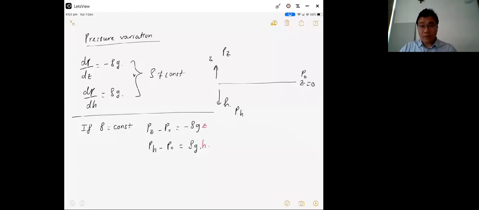So what we did last week, pressure variation. Pressure variation means when you go up, pressure decreases, and when you go down, pressure increases.